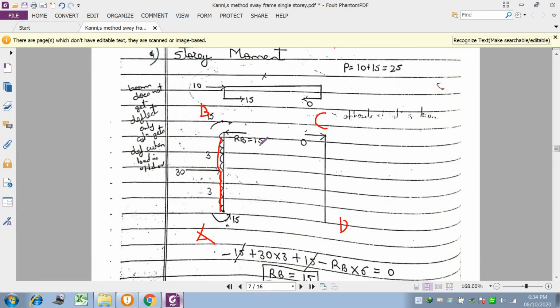This 15 kilonewton will be transferred to the beam, and it will be used for the calculation of the horizontal load acting at the nodal point B. So finally the nodal point load will be 10 plus 15, that is 25 kilonewton. This 25 kilonewton load will be very crucial while calculating the story moment.